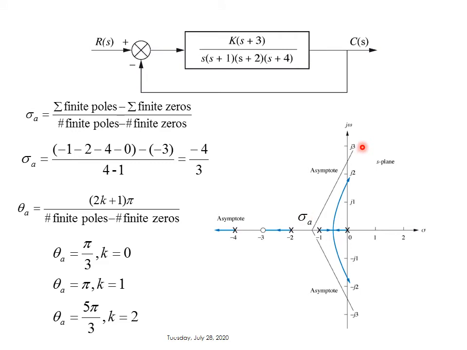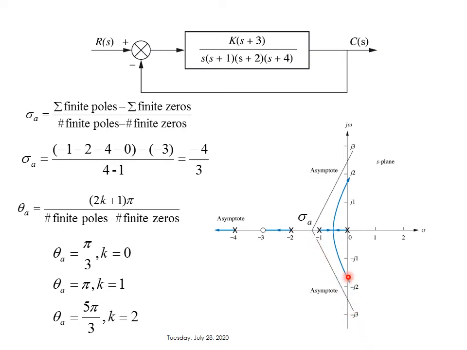What does it mean to be an asymptotic line? As k goes towards infinity, this branch will go closer and closer, and it will look as if it is a straight line approaching the asymptotic line. The same will happen for the other branch as it goes towards minus j omega.